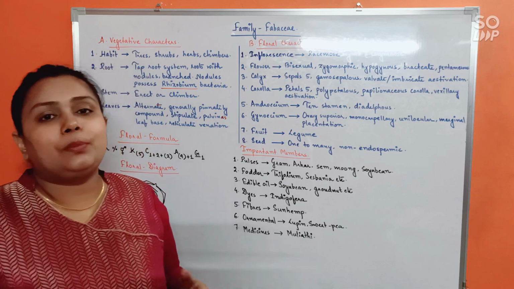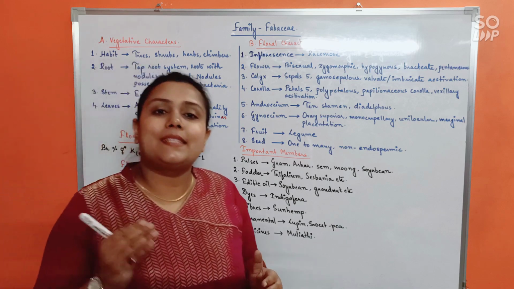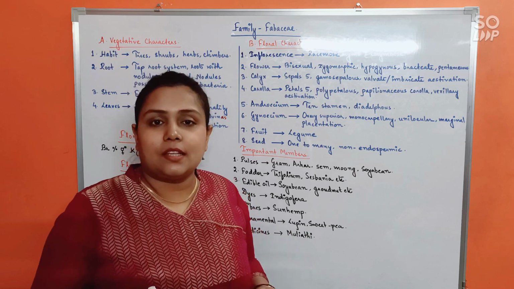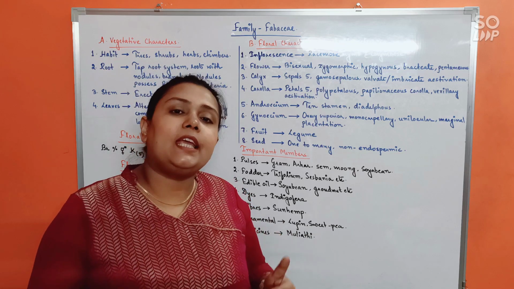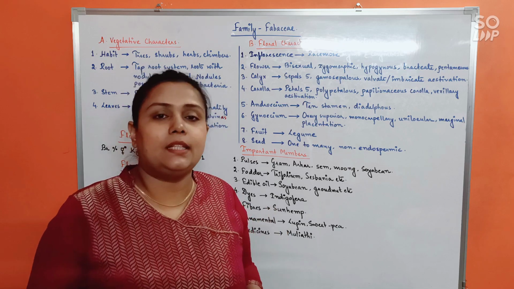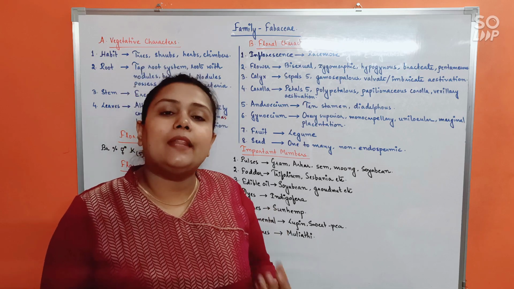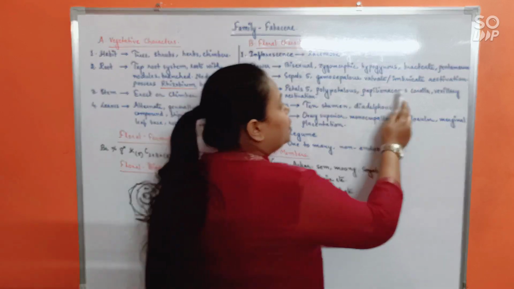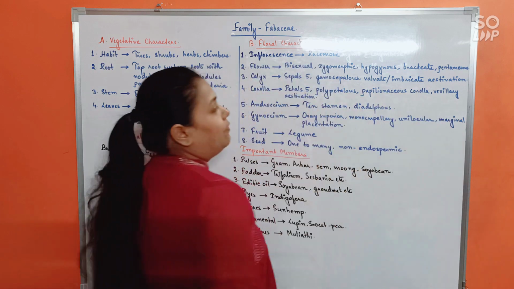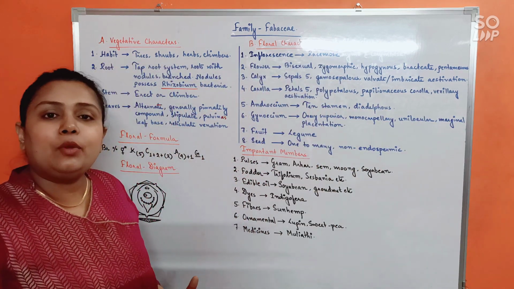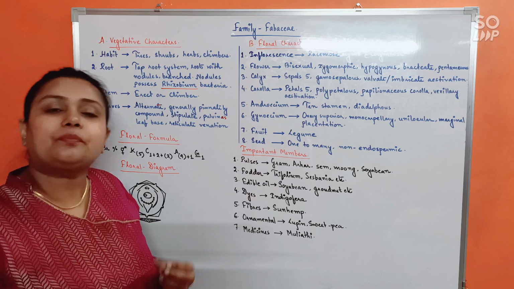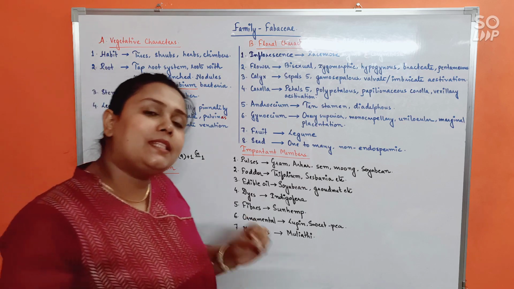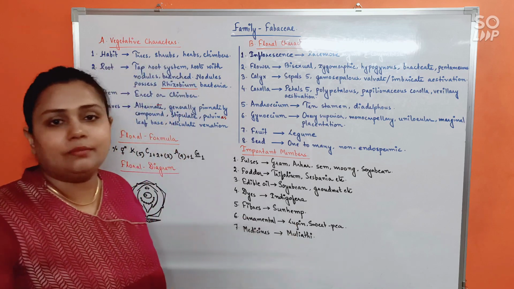The outermost would be the largest, that is the standard or vexillum. Then in between remain 2 wings, or ala. And finally, the innermost 2 smallest petals will be fused together also, and they are known as keel or carina, right? You remember? So, papilionaceous corolla and vexillary estivation. Of course, you know that papilionaceous corolla would be possessing vexillary estivation. In vexillary estivation, the characteristic itself is papilionaceous corolla, right?